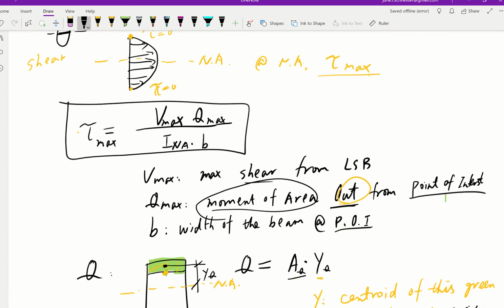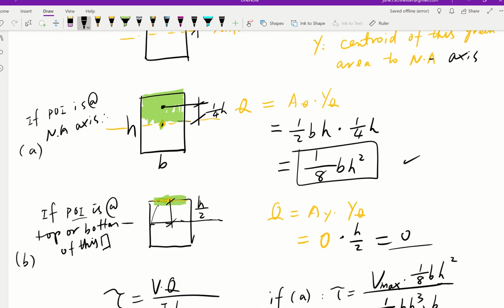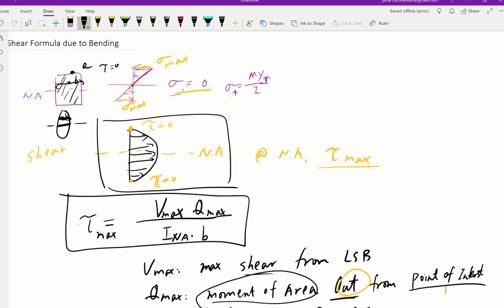That coincides with your shear profile right here. So remember, shear stress is going to be equal to 0 at the top or bottom edge. That's going to be equal to 0.